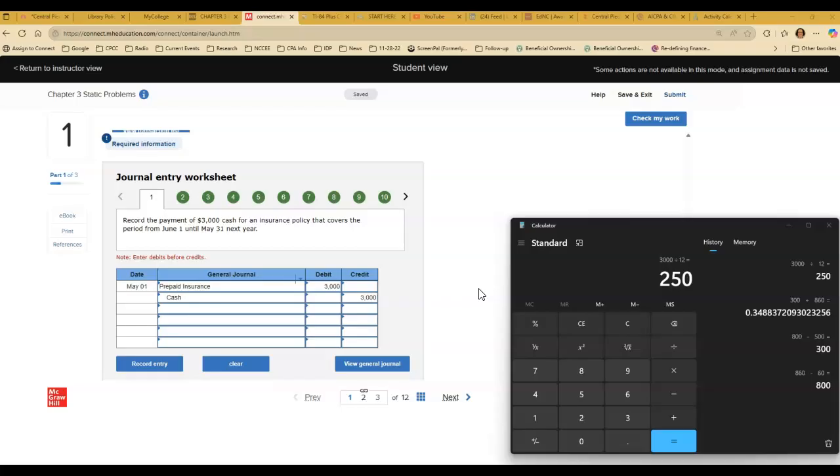We would reduce cash with the credit, and we would record insurance expense. And that's what we would do every month, every single time you made that payment. But that's only because the payment terms of the policy say that you're going to be paying monthly. Okay? In business, payment terms for insurance policies are all over the board.